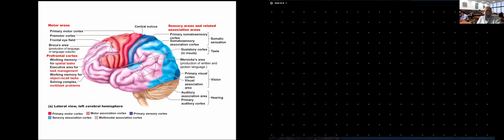Looking here at the different brain areas, this is a very important diagram for our last lab exam. It's a 5 stars diagram, highly important, showing the different brain areas of the cerebral cortex. Remember, all this is my frontal lobe.